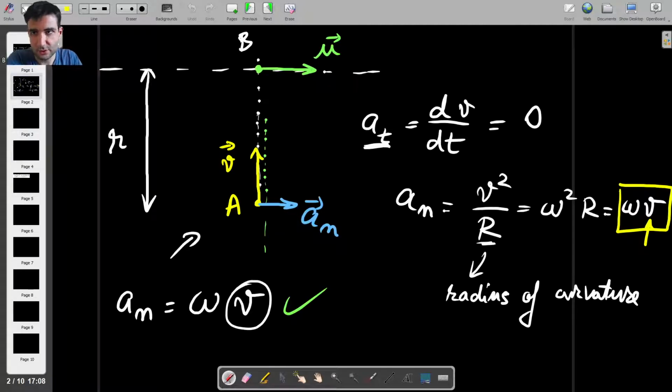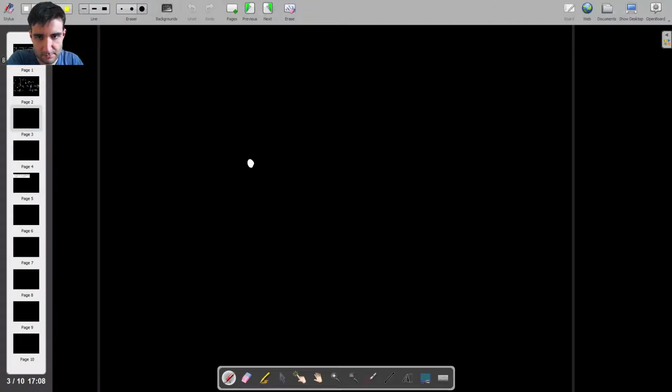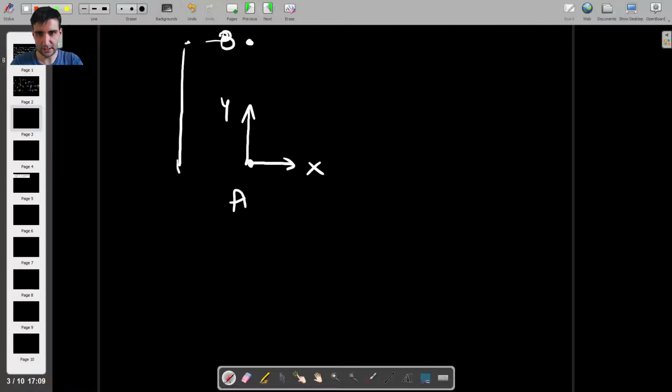I will, first of all, place my coordinate system on point A, right? And that coordinate system is going to look like this. So I have my point A here, this is where the dog is, and then I've got my Y and I have my X. Those are my positive X and Y directions, and then the cat is somewhere here, and we know the distance to the cat as being lowercase r.